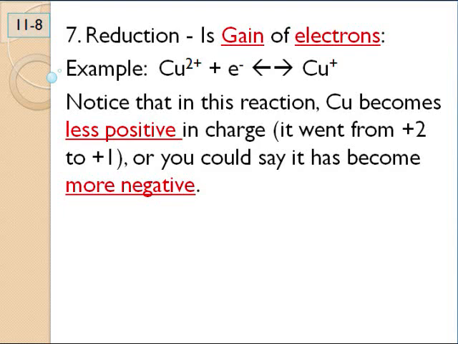But the reduction part, I never understood until I guess maybe about a month ago when I was putting a PowerPoint together. Because, like I said, I never could understand how you can reduce something and yet gain electrons. But then I realized that they're not discussing the electrons, it's charge they're talking about.